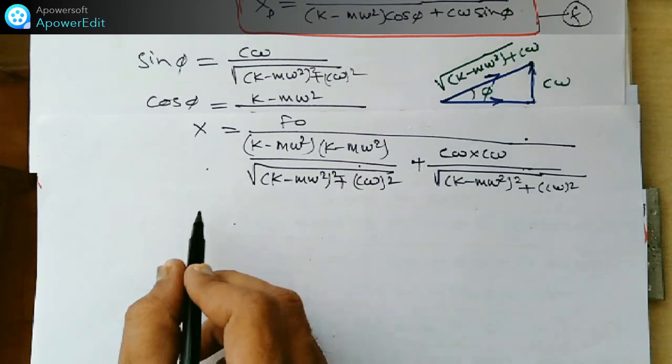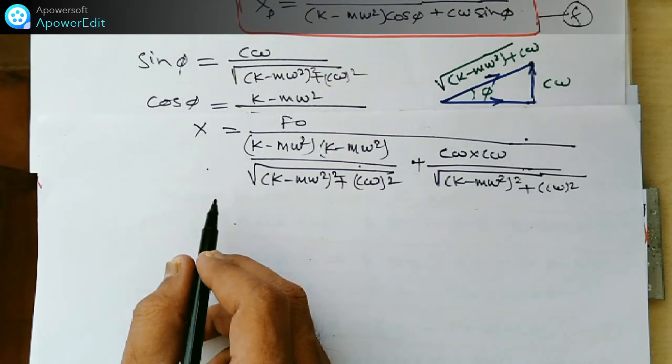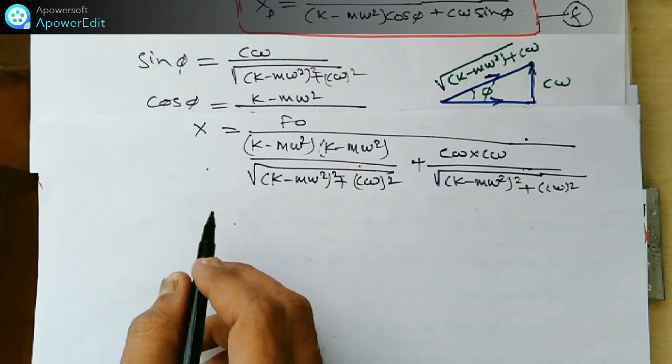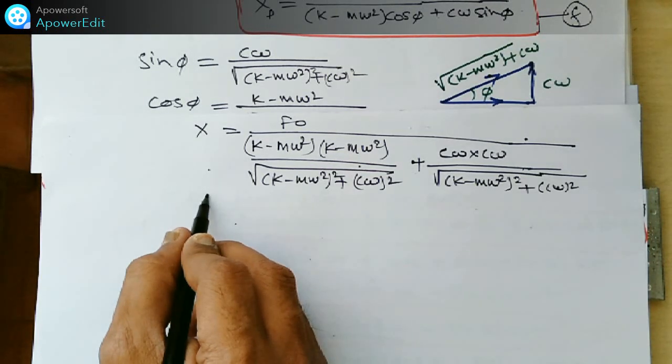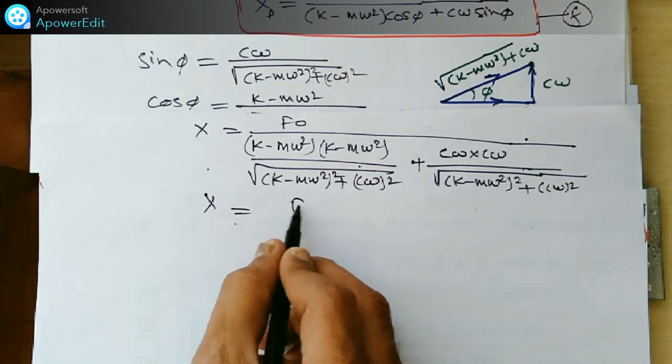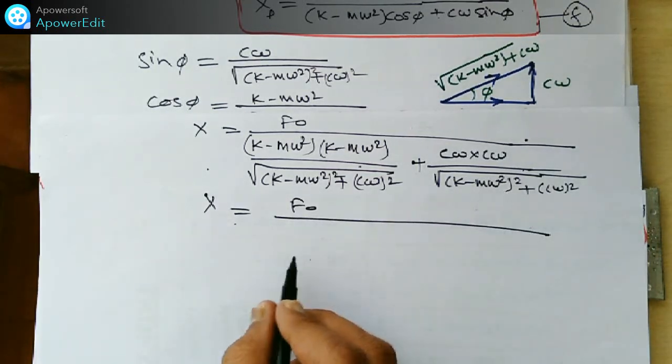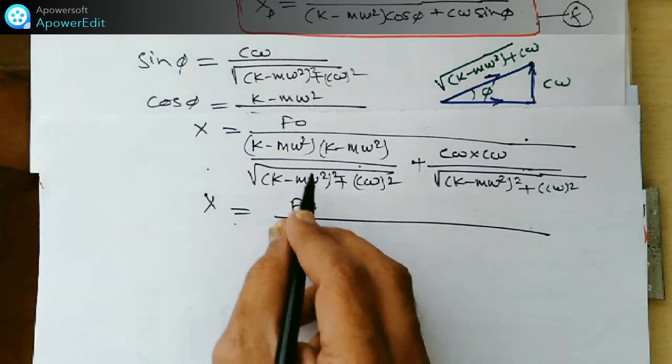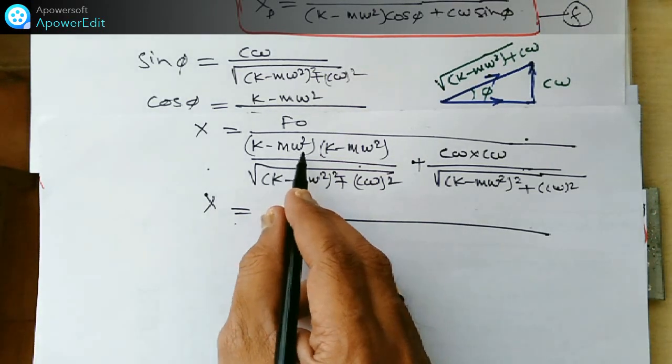Now simplifying this equation, x is equal to F0 upon the square root of (k minus m omega square) whole square plus (c omega) whole square.